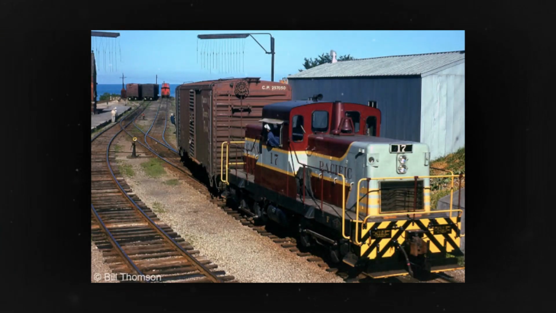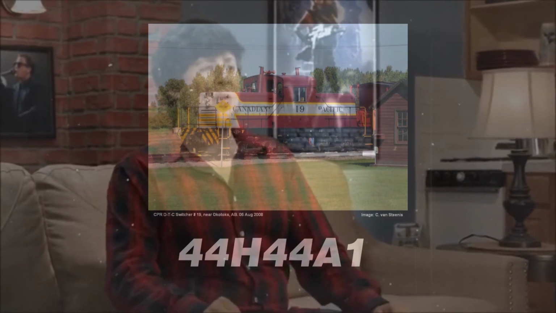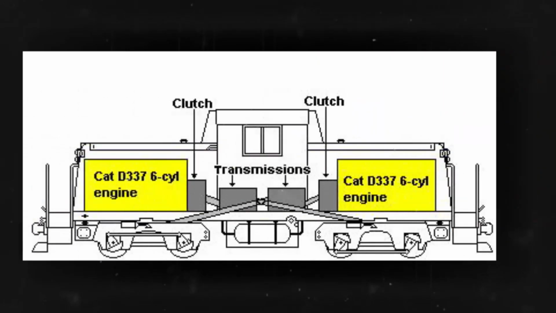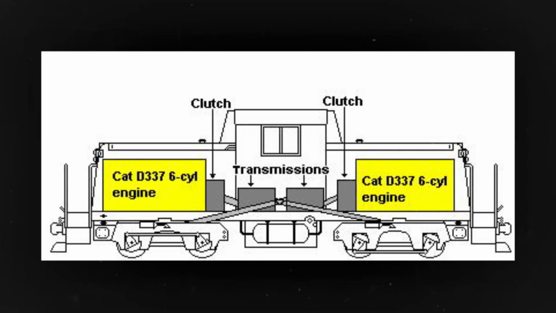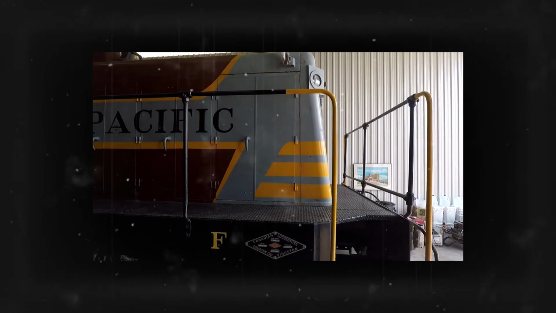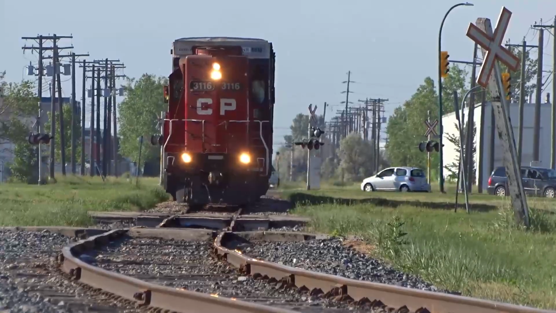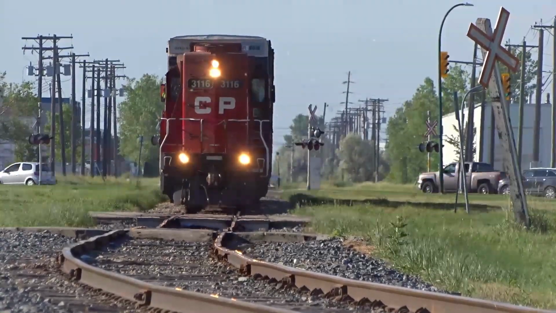For example, the DT2, or as they're listed by CLC, the 44H44A1, had a 5 in the class name. It had two 250 horsepower diesel engines, making the total horsepower count 500. Now as for the 2 number units, they're just units with over 1,000 horsepower.